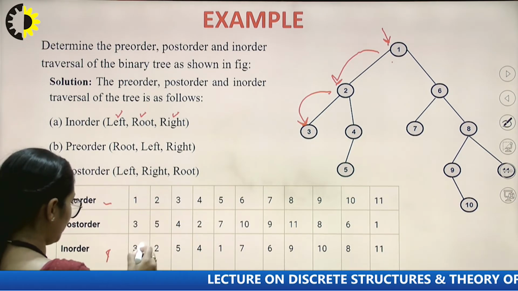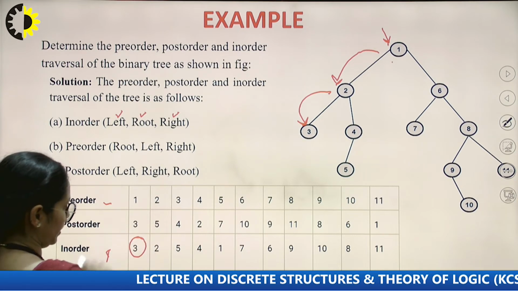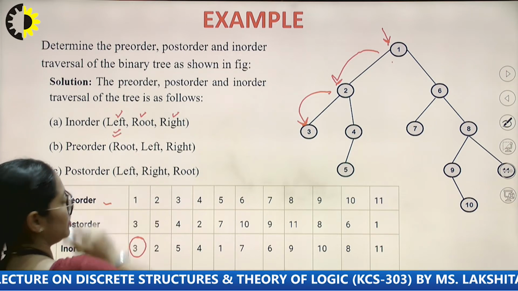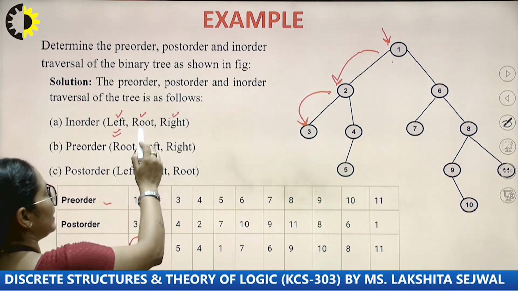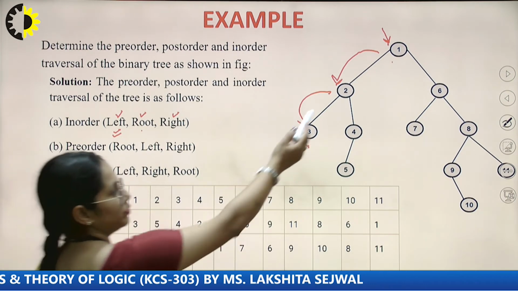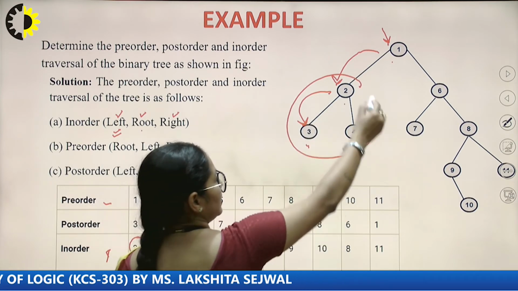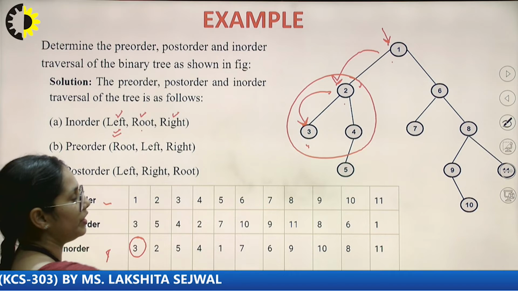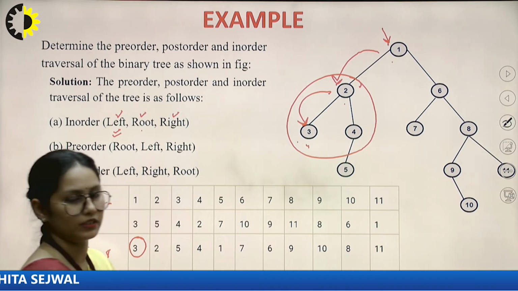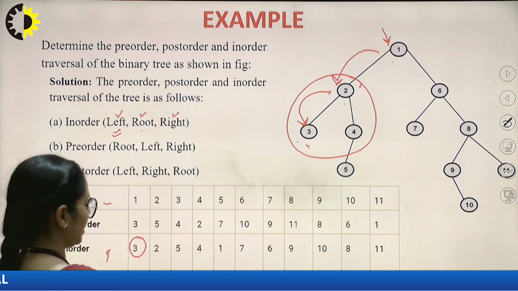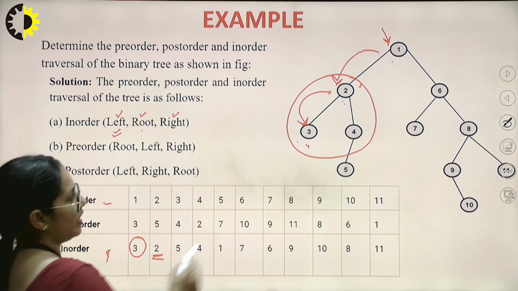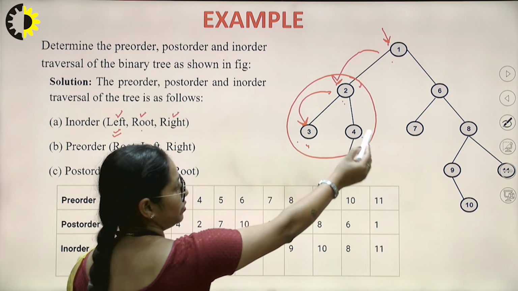So in order, the first one will be 3. Now after completing the left-hand side, you have to write the root node. The root node for 3 is 2, because this is a subtree. In the subtree, you first traverse the left node, then go to the root, and then go to the right side. So 3, then 2, and then you have to go to this particular node.